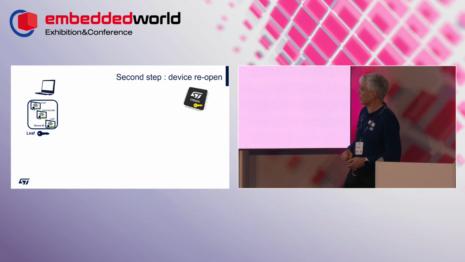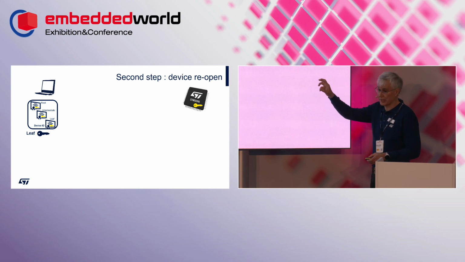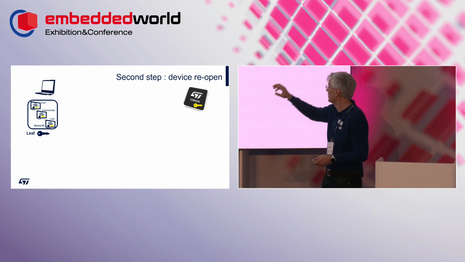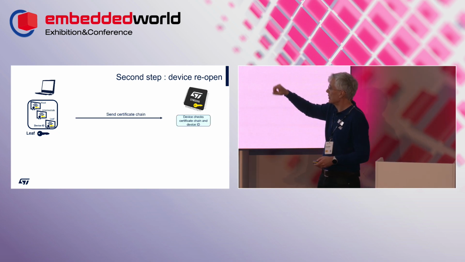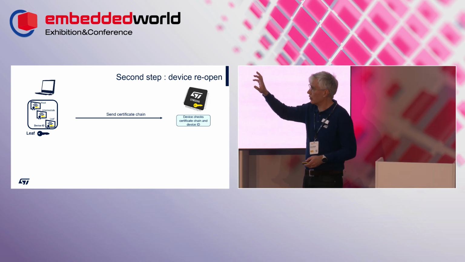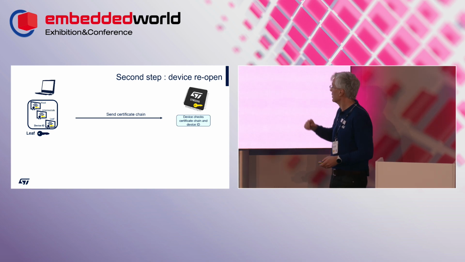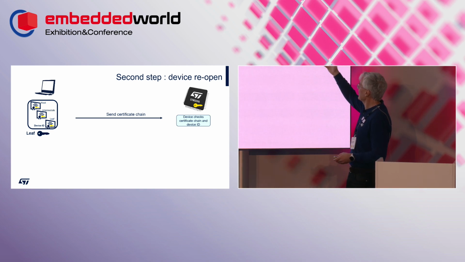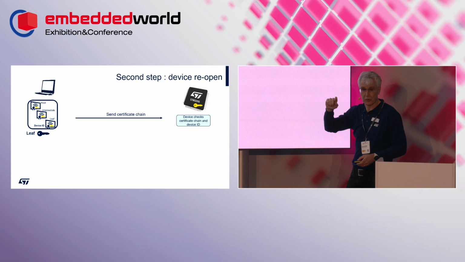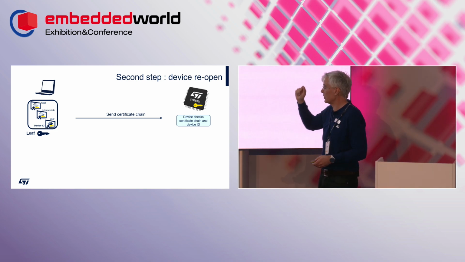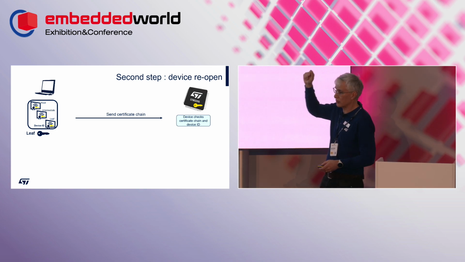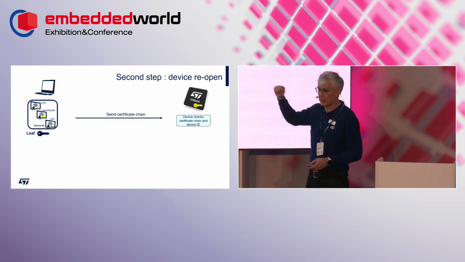So the second step: you have the certificate, you have your private key, the device, and you use a PC to communicate, and then you send the certificate chain. The device contains the root public key. So with the root public key, it can check the signature of the root certificate.